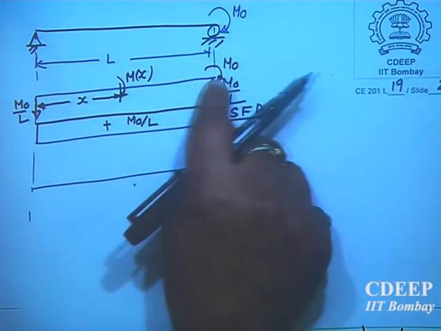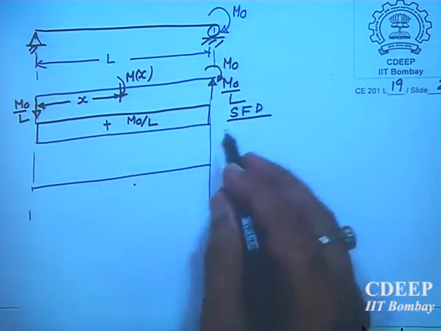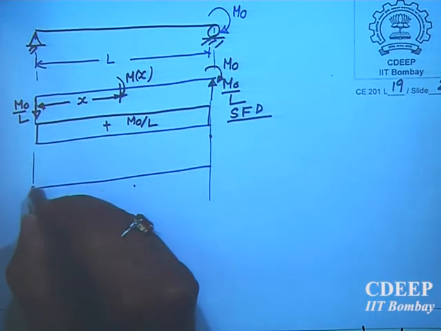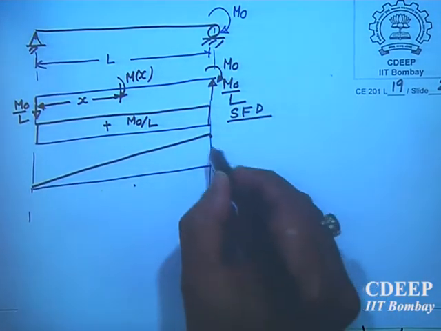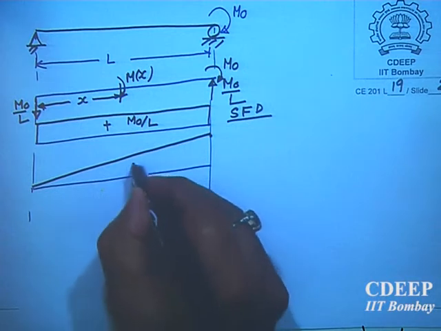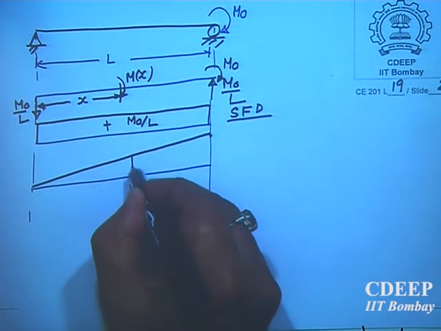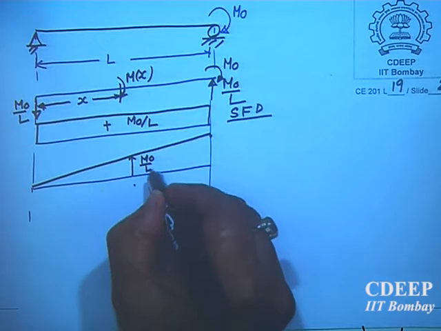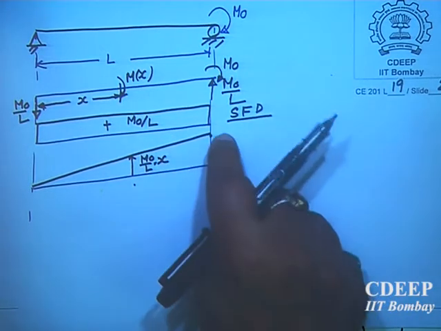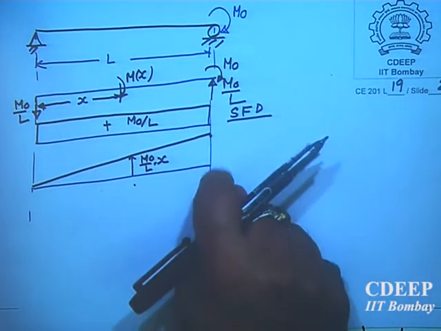And then it is true up to this end. So the same thing will continue. It will be linear. And what is the variation? M naught divided by L into x. When x equal to L, it is equal to m naught.